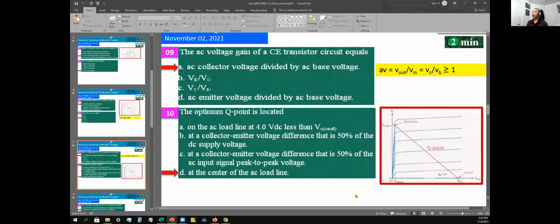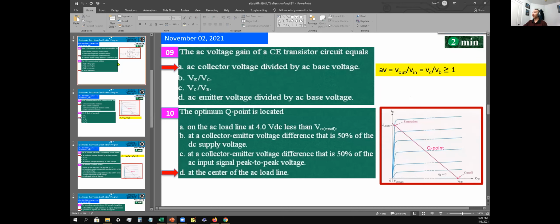Okay, so number 9, the AC voltage gain of a CE transistor circuit is equal to the AC collector voltage divided by the AC base voltage. So that's your gain right here. Gain equals V out over V in. Your V in goes through the base, and your V out is collected at the collector.